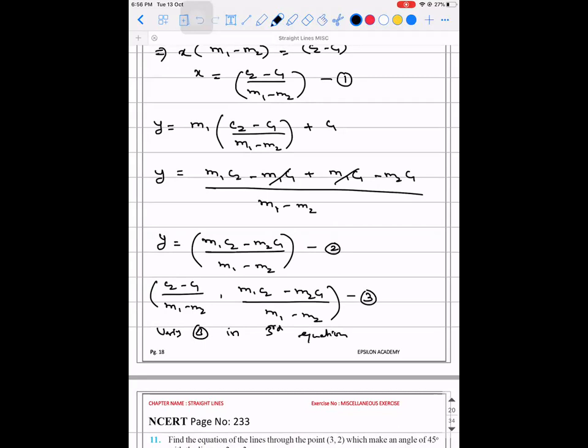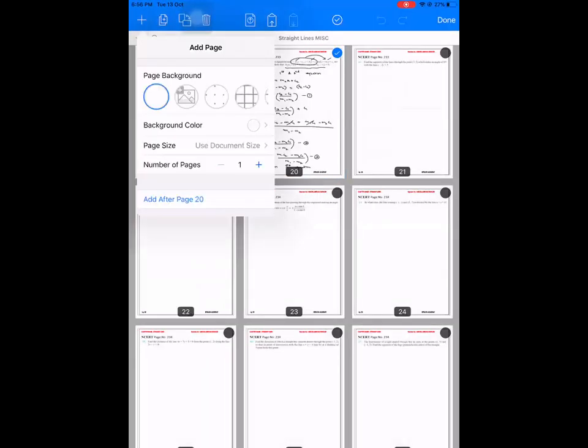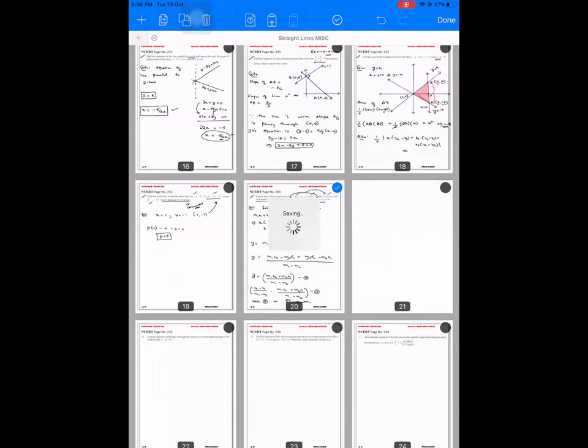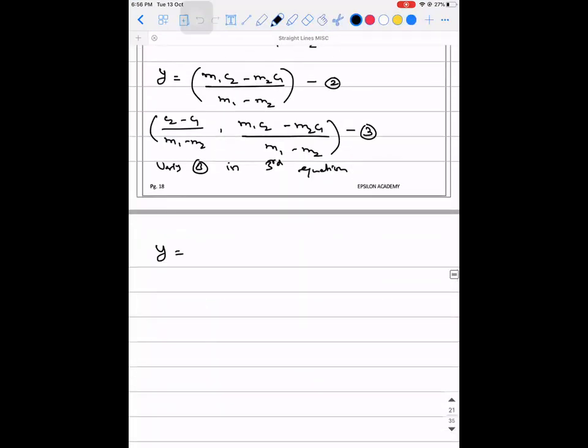What do we get? y is equal to m3 into x, that is c2 minus c1 divided by m1 minus m2, plus c3. Oh, sorry. So y is how much? That is m1c2 minus m2c1 divided by m1 minus m2.